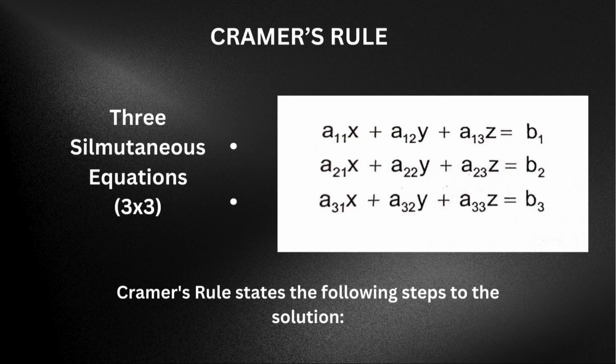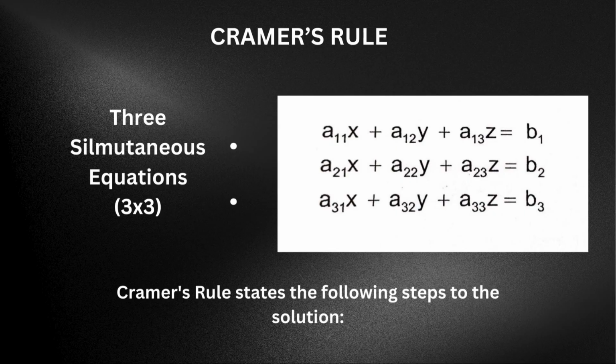Cramer's rule for 3 simultaneous equations, 3 by 3. First: A row 1 column 1 x plus A row 1 column 2 y plus A row 1 column 3 z equals B1. Second: A row 2 column 1 x plus A row 2 column 2 y plus A row 2 column 3 z equals B2.